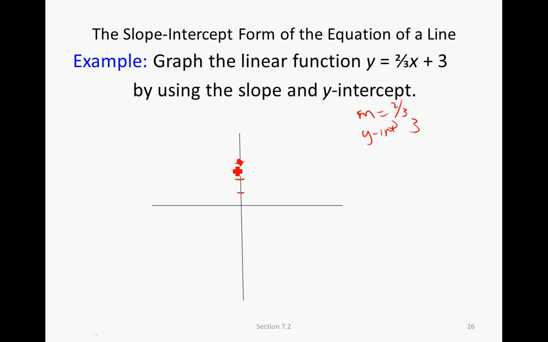From that point, because it's rise over run, we rise 2 and we run 3 and place our second point. There's our line. Notice that line slopes upwards. It should have a positive slope, and m is a positive 2/3. So we have graphed that line.